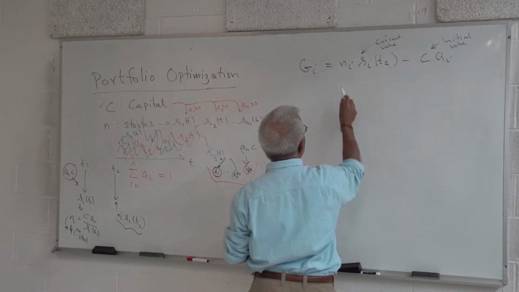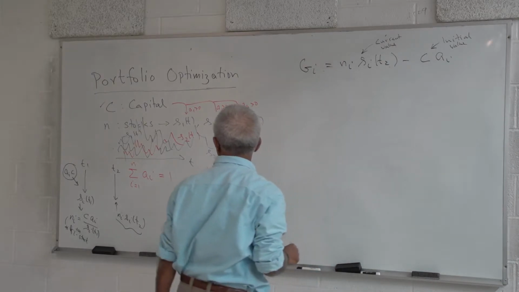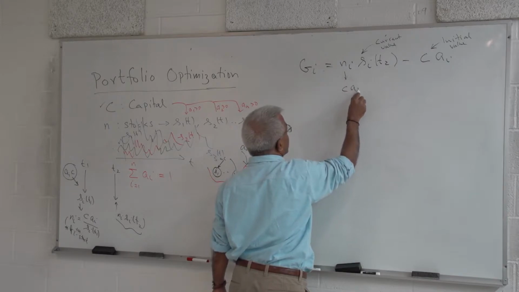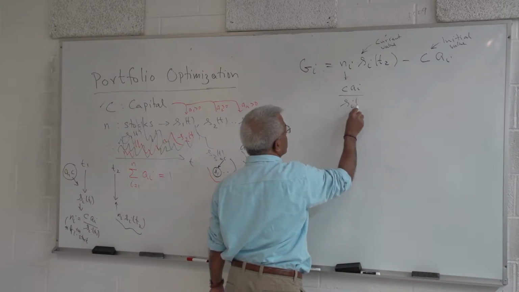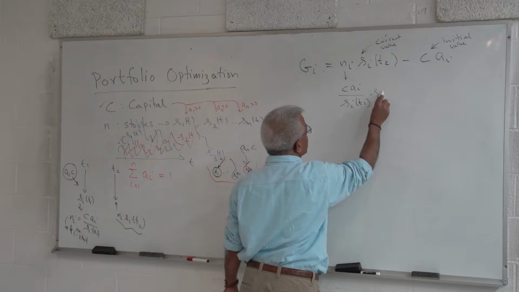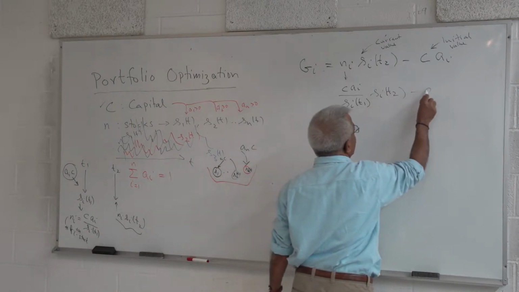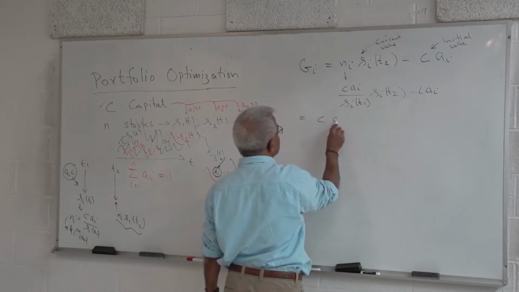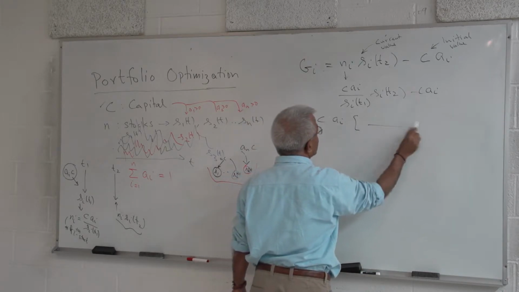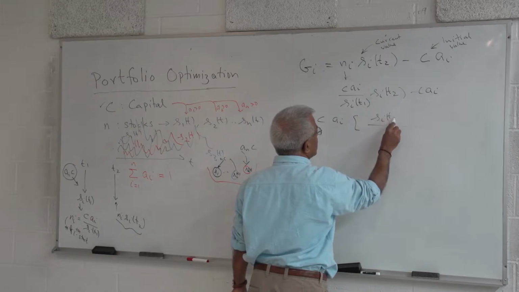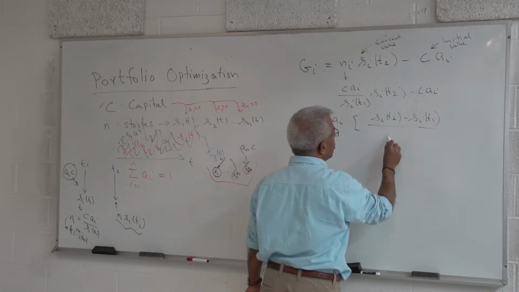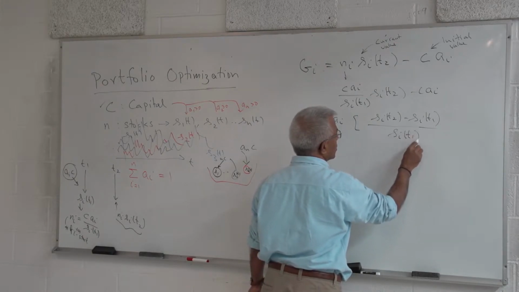Notice that if I plug in for Ni, Ni is CAi divided by Si(T1), multiplied by Si(T2), minus CAi. If I pull out the CAi, this becomes Si(T2) minus Si(T1) over Si(T1).